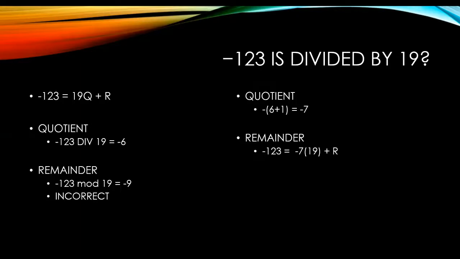Negative 123 is equal to negative 7 times 19 plus R. And R will be positive 10. Now, our answer is correct. Quotient is negative 7, remainder is 10. So this will be our solution if ever the remainder is negative 9. We're going to add negative 1 to the quotient and then use the division algorithm to get the remainder R. So it will be positive.